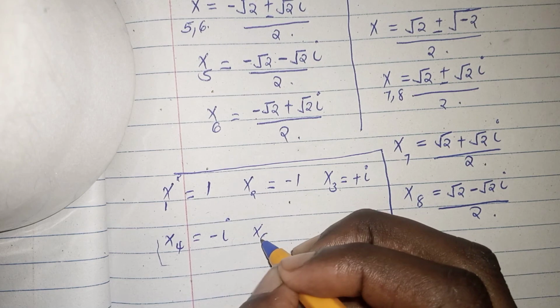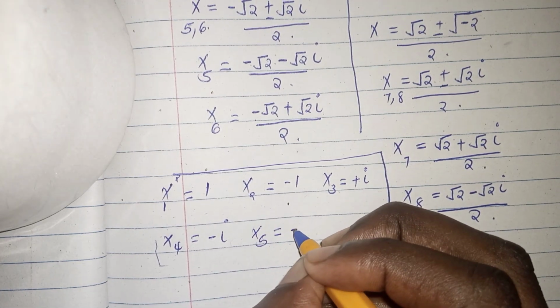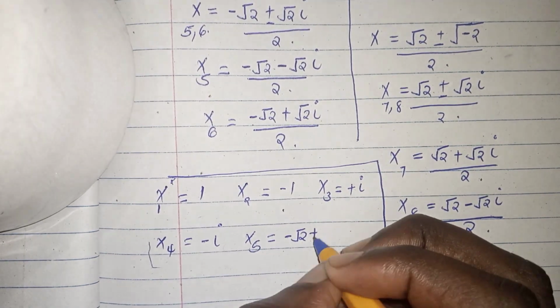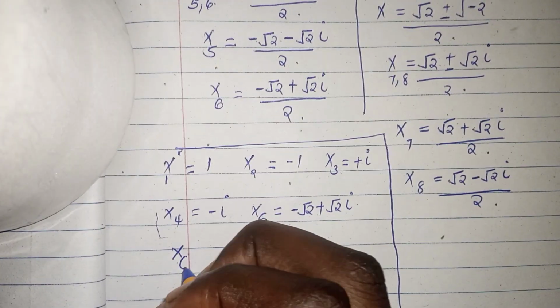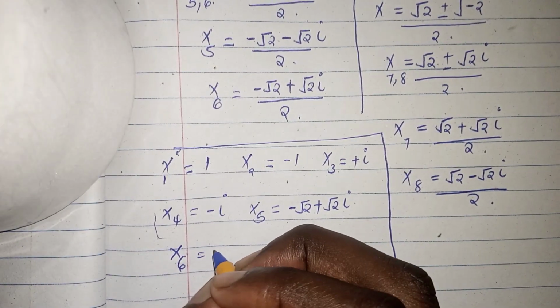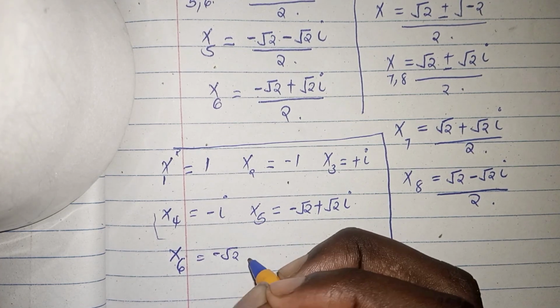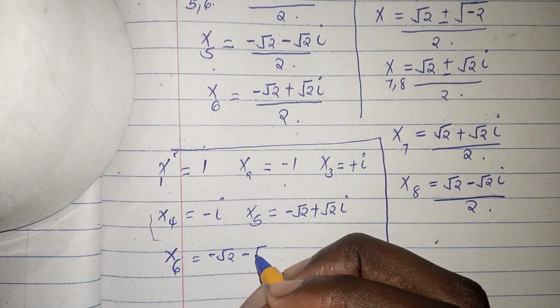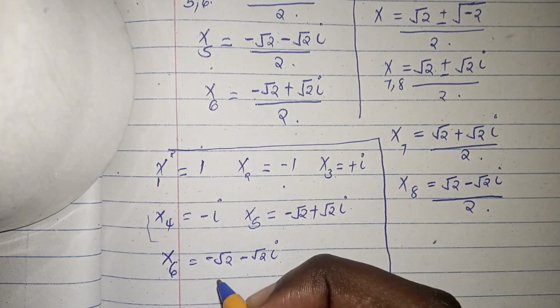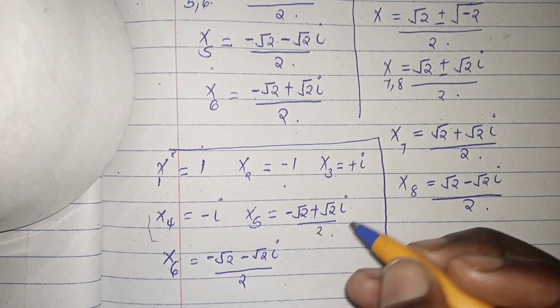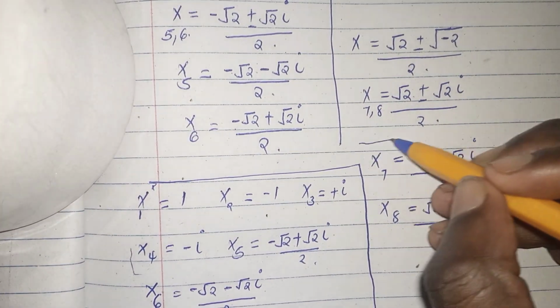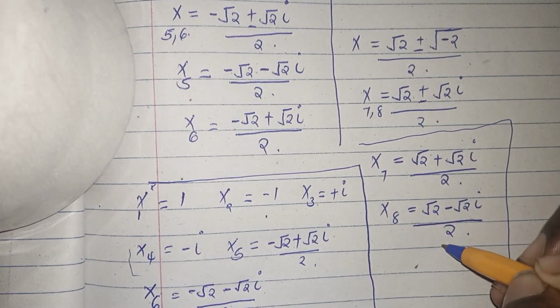Then the fifth, x is equal to negative square root 2 plus square root 2 imaginary. Then the sixth value of x is equal to minus square root 2 minus square root 2 imaginary over 2. So this is over 2. Then we have the 7th and the 8th value of x.